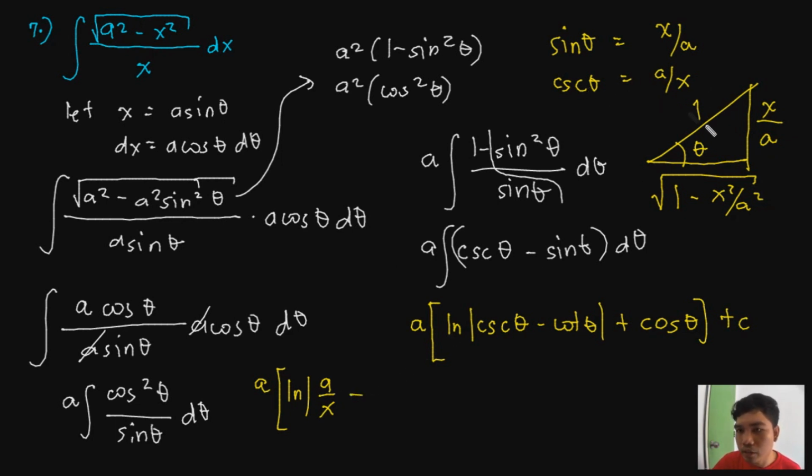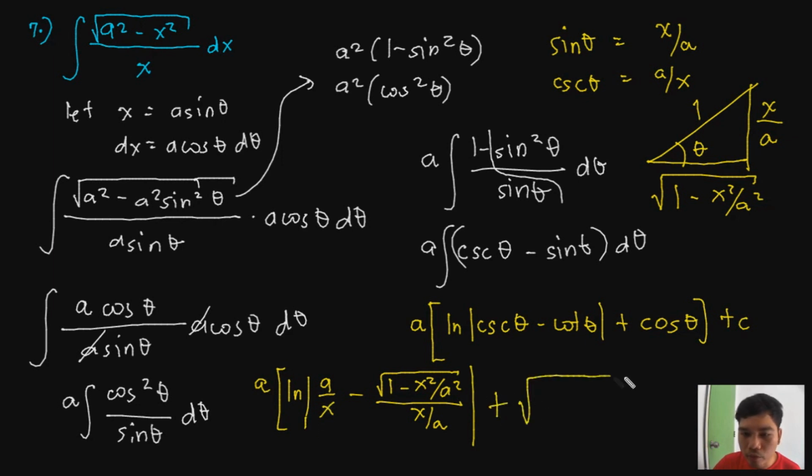Again, cotangent is simply cosine over sine, so that is the adjacent over the opposite. So that is square root of 1 minus x squared over a squared divided by x over a. Okay? And then plus the cosine, that is simply square root of 1 minus x squared over a squared, and then plus c.